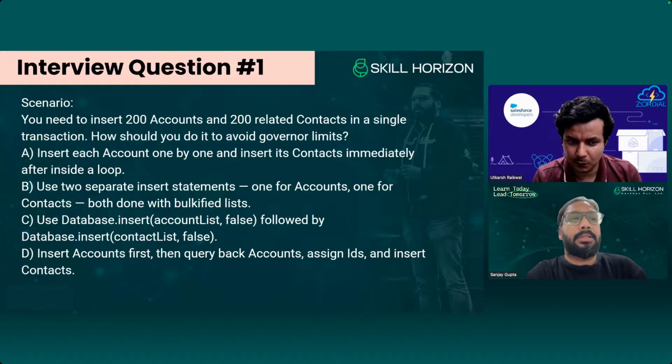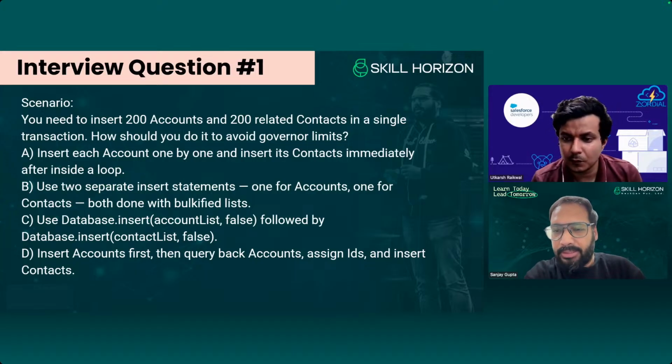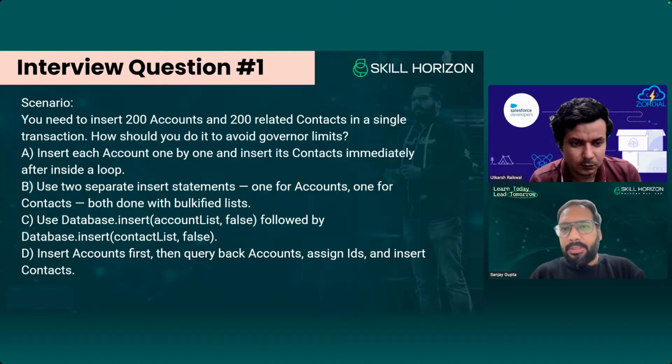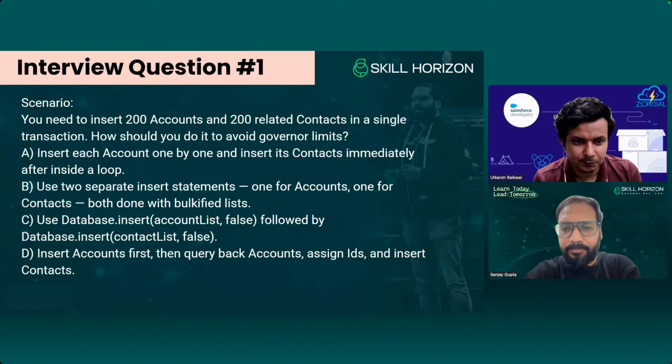And the fourth is insert accounts first, then query back accounts, assign IDs and insert contacts. So what do you suggest? There is one answer in the chat from Navneet, he is saying D. Ashok is saying A. I need more answers, so if you guys can share your option in the chat, that would help us.